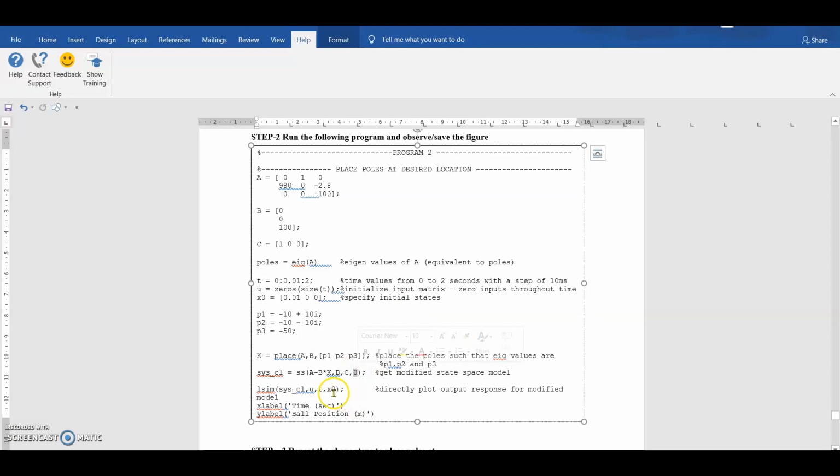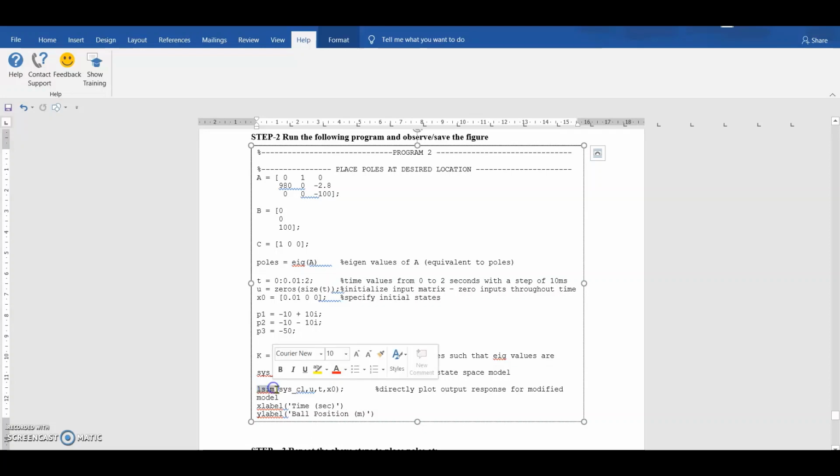So the only change is that the new system matrix will be A minus BK. Now we have again defined the system in state space and saved it as syscl, where CL means closed loop after the pole placement. Now we are again using the LSIM command to generate the output.